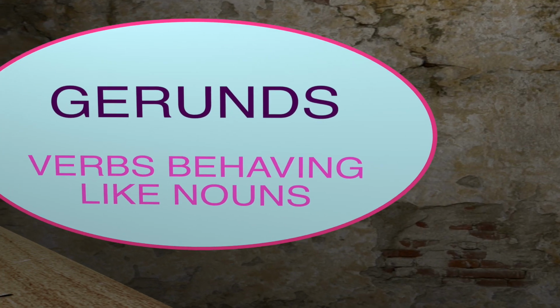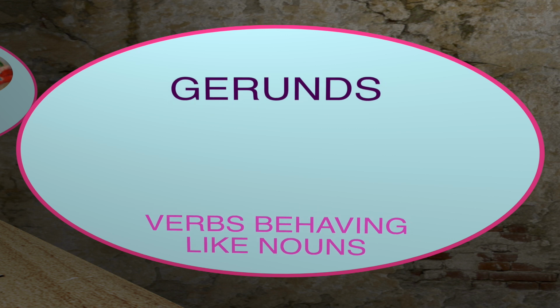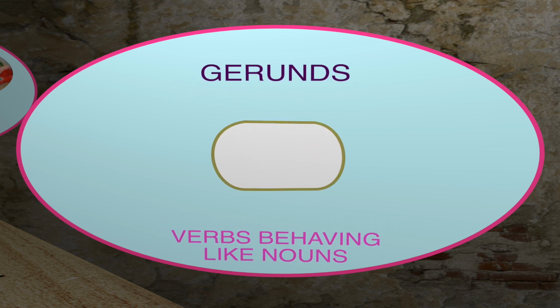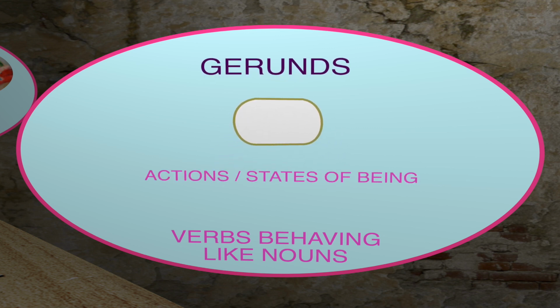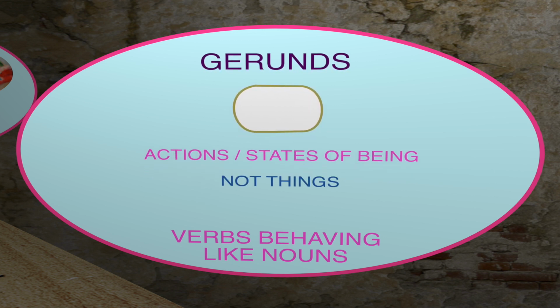A gerund, however, is a verb that functions as a noun in a sentence. But while gerunds perform the job of a noun, they still keep some verb-like qualities. They are still talking about an action or state of being. They are not physical things like verbal nouns can be, and they can take an object.